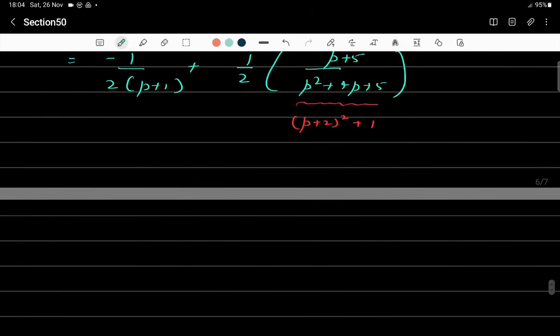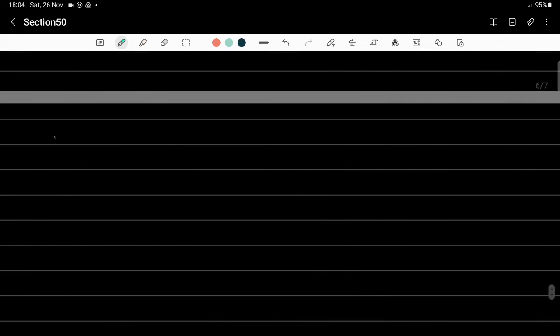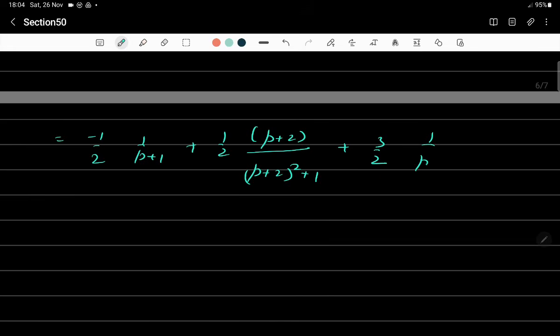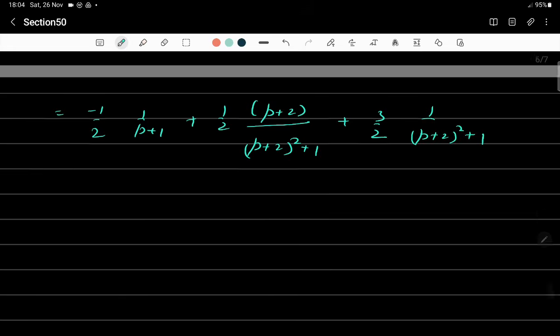So if you write it like this, then it is minus 1 by 2 times 1 by p plus 1, plus 1 by 2 times (p plus 2) by ((p plus 2) whole square plus 1), and 3 by 2 times 1 by ((p plus 2) whole square plus 1).